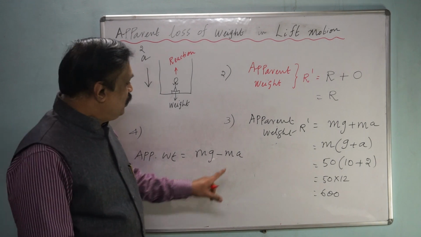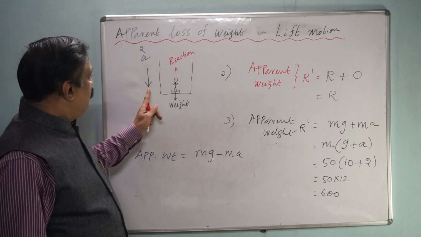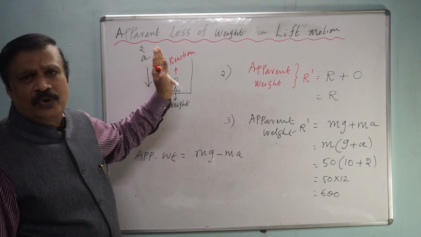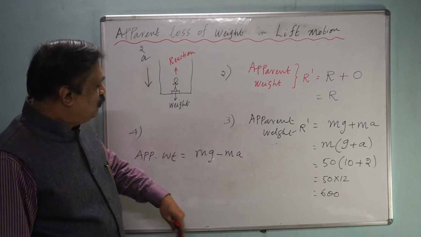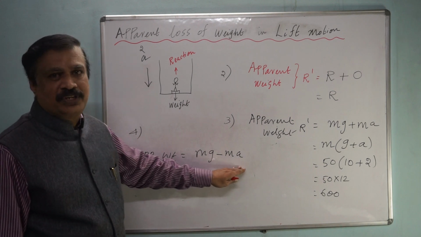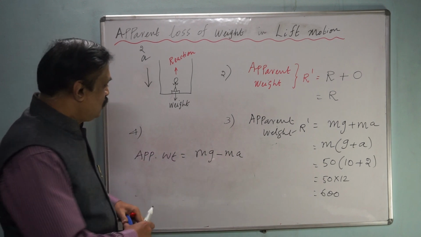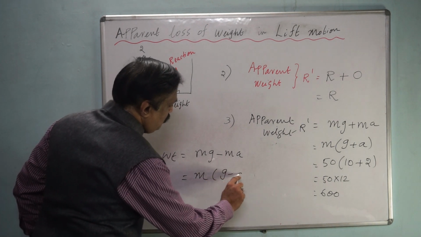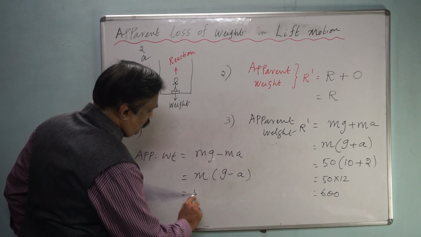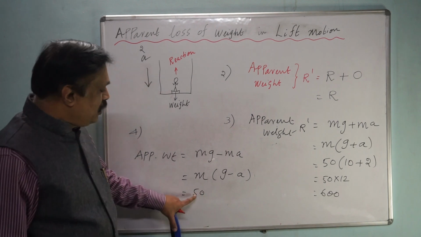Why am I putting minus here? For moving upward you have taken positive. Now the motion is opposite, moving downwards. Therefore definitely you have to put minus, opposite direction. Therefore minus ma, which is equal to, again m is constant, m into (g minus a).